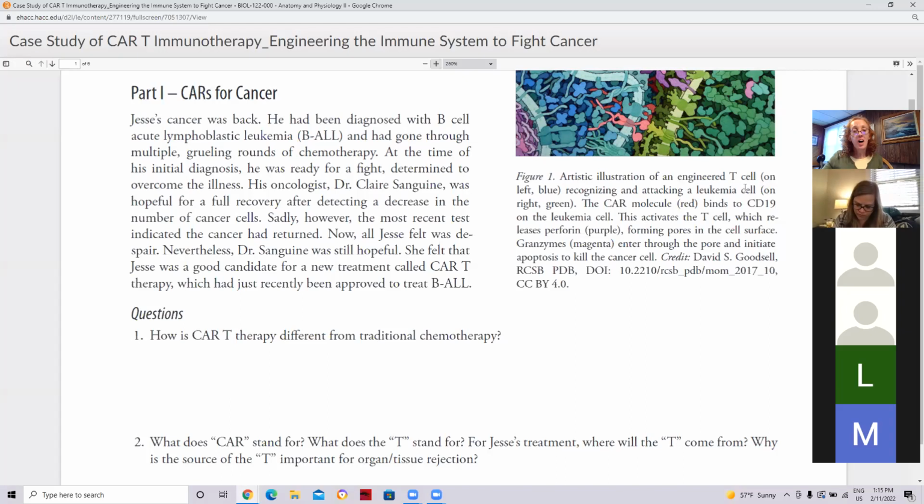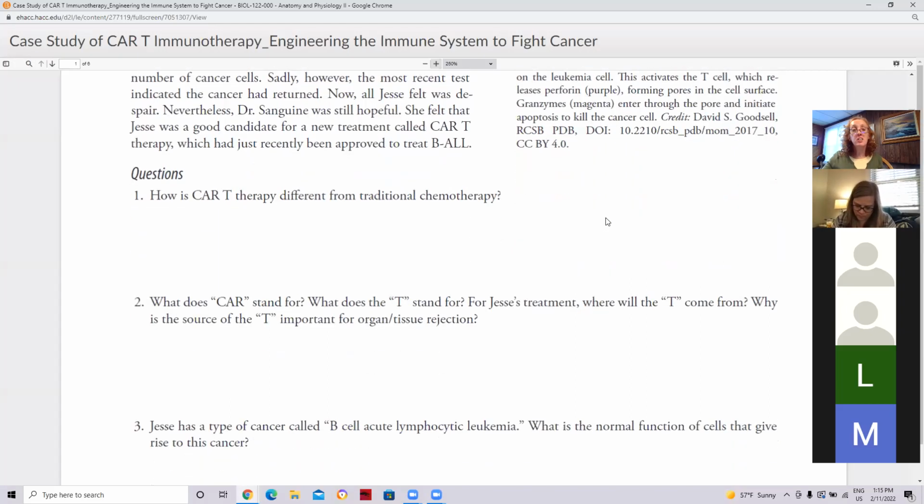So we know what the T stands for, right? For Jesse's treatment, we're going to look at this a little bit more. Bear with me. Why is the source of the T important?